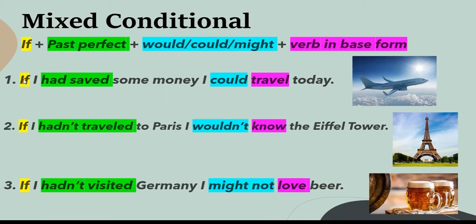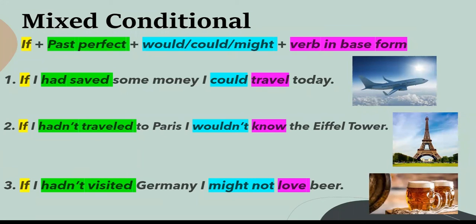So we have if, our condition, had saved, our past perfect, some money, I could, okay, and travel today, which is our verb in base form. It is not in the past, it is not in past participle, it is in the base form, meaning that you could be traveling today in a present result if you had saved some money, okay?